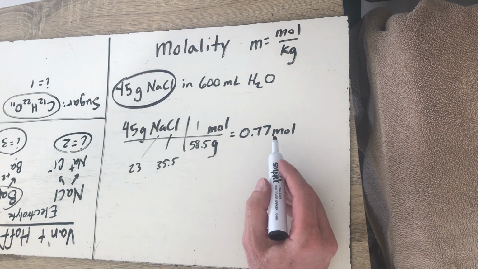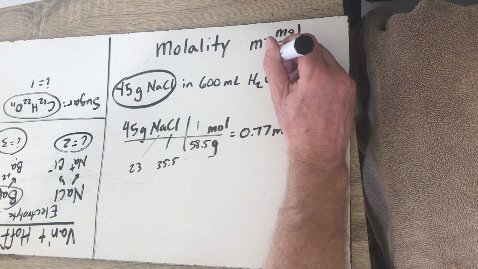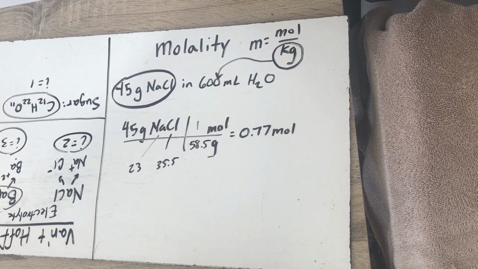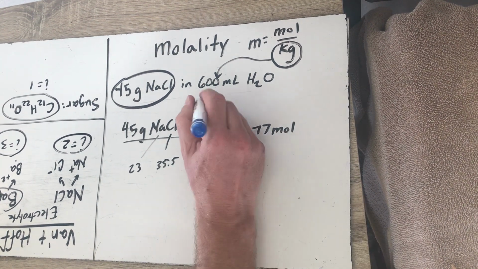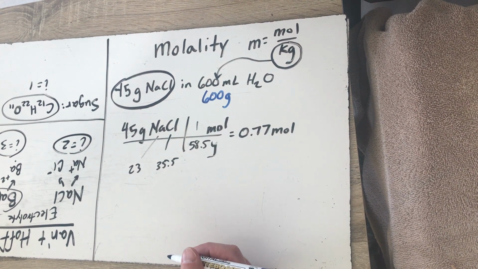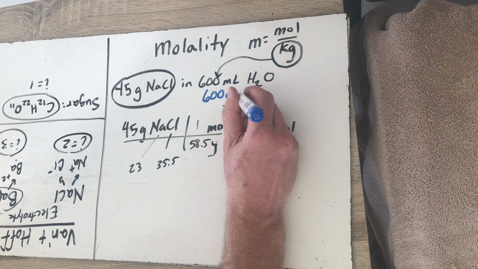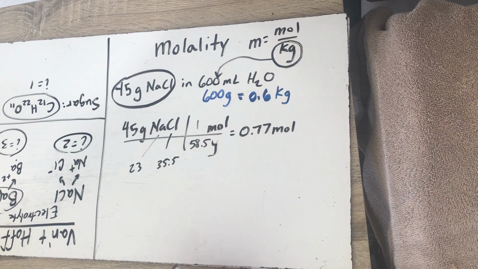The next thing I have to look at is the solvent, the water that we're putting it into. In this case, I have 600 milliliters of it. But there's some things you should remember about this. 600 milliliters of water is also 600 grams of water because water has a density of 1 gram per milliliter. It's about the only one you have to memorize. And if that's 600 grams, it's also 0.6 kilograms.